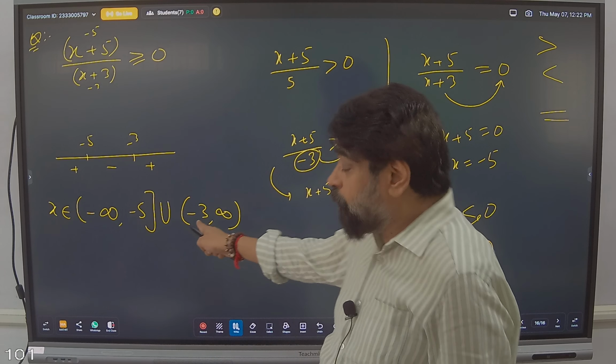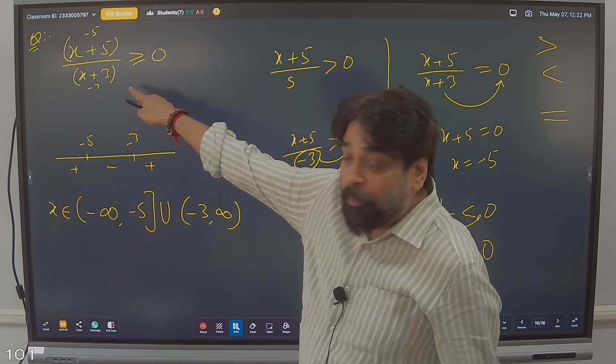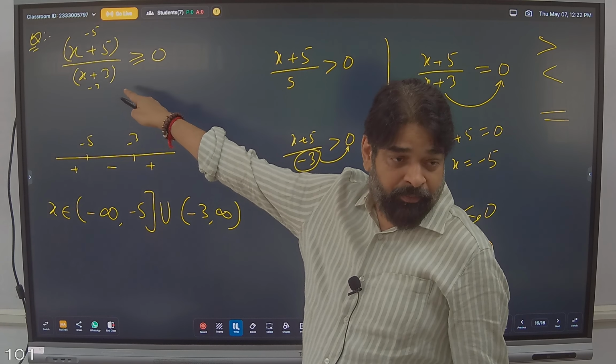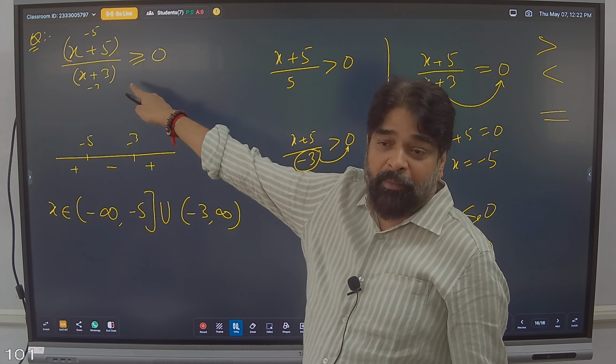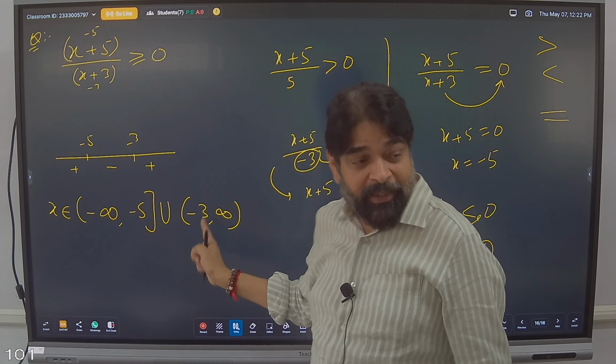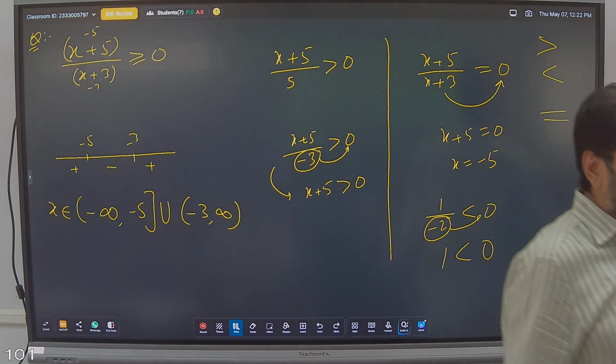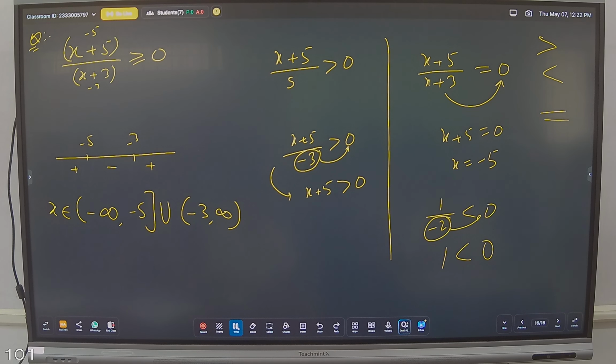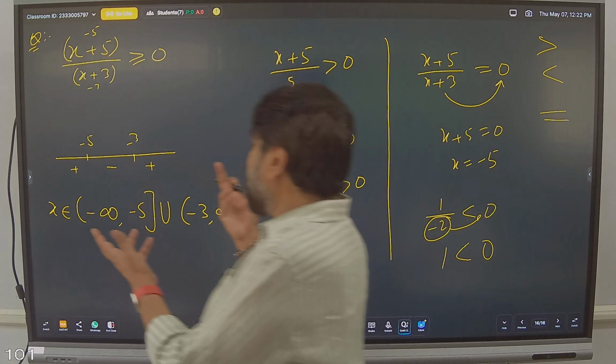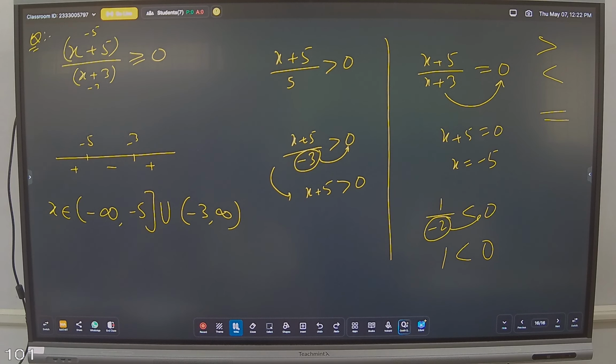If I put close here, I am making the denominator 0, and it will become not defined. That's why the denominator critical point is always open, whether at plus infinity or minus infinity. Is that clear? All the rest is the same, no other difference. Exactly the same thing.